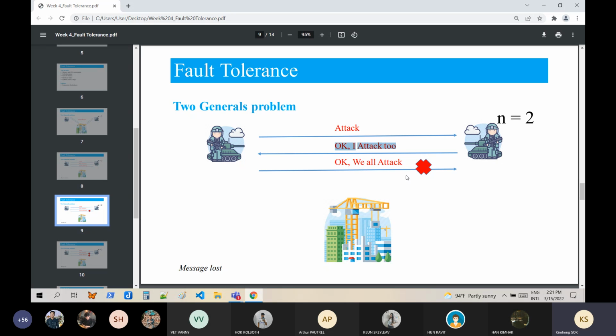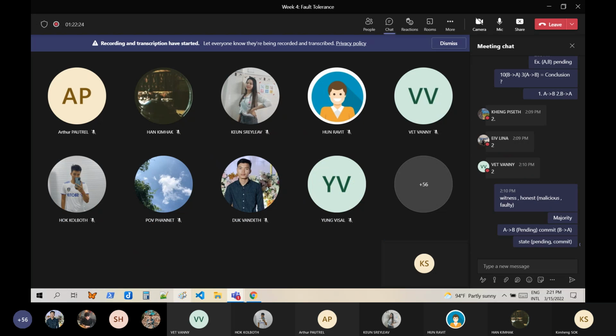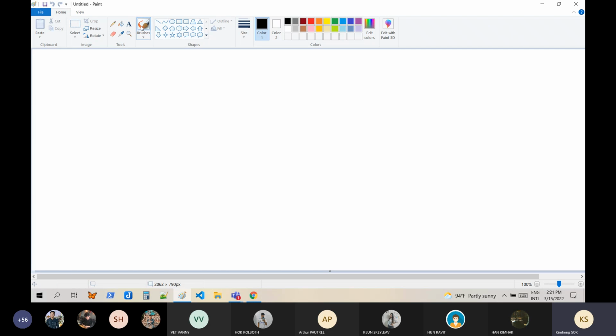So if this message has not arrived, can both generals go to fight? Anyone can answer. Like general 1 goes to fight alone, or general 2 goes to fight alone, or both generals go to fight together. Which case?